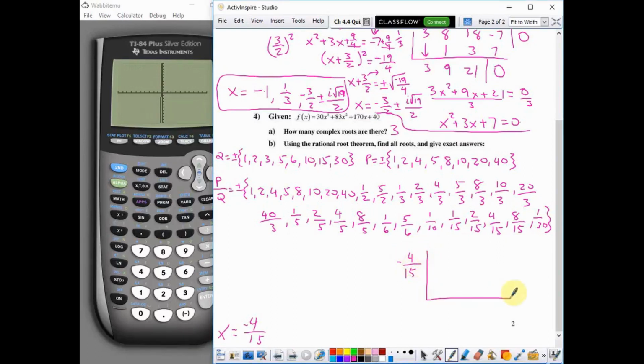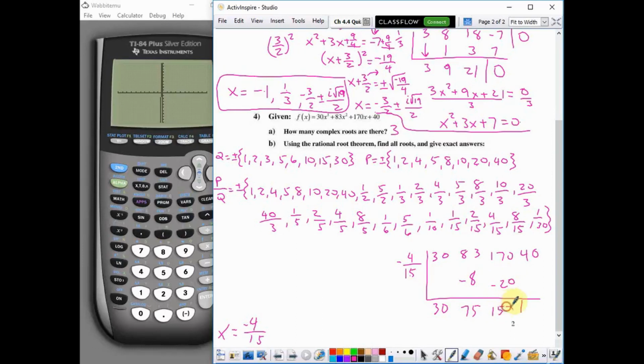So let's use that -4/15 and divide. 30, 83, 170, and 40. So we bring down that 30, and we multiply. -4/15 times 30 is -8. And we add and get 75. Multiply these, and we get -20.